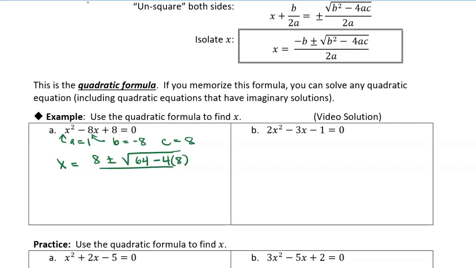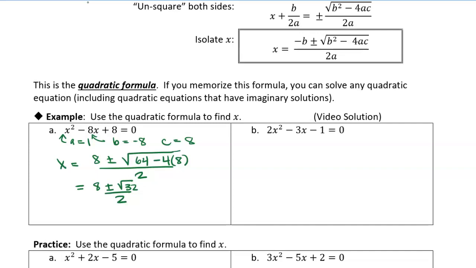All over 2 times a, but a is 1, so it's all over 2. All right, so now it's just a matter of doing the arithmetic. 64 minus 32 is 32, right? So square root of 32 all over 2.